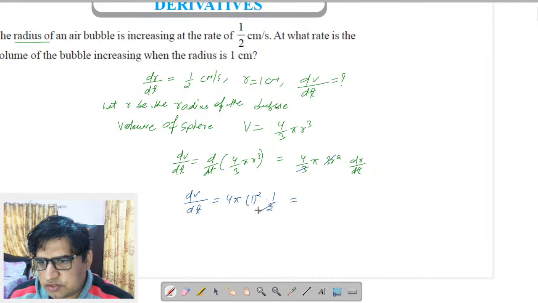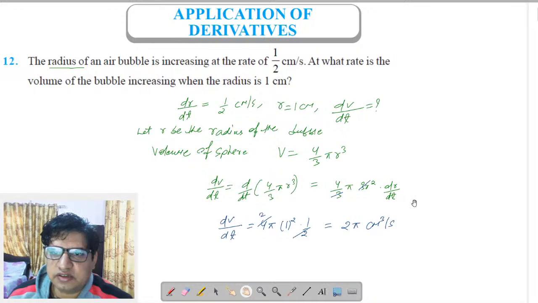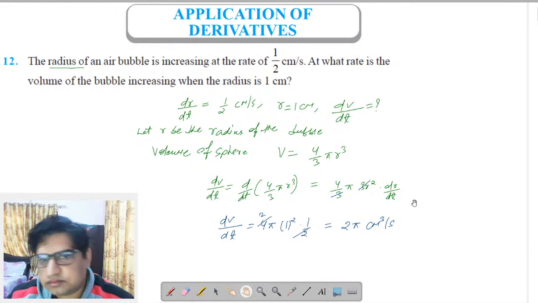So the 2 and 4 will cancel out, and the value will be 2 pi centimeter cube per second. So that will be the value. In this way we can find out the rate at which the volume of the bubble is increasing. So dv by dt we were supposed to find out, and we can find it in this way.